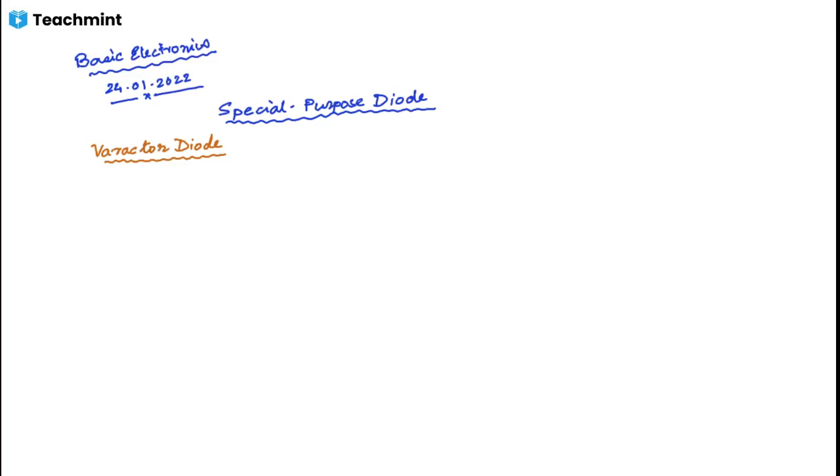Varactor diodes are those diodes which act as a variable capacitor under changing reverse bias.